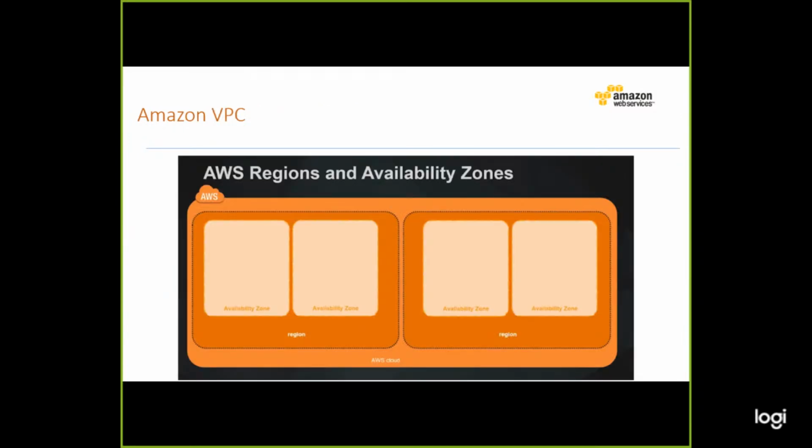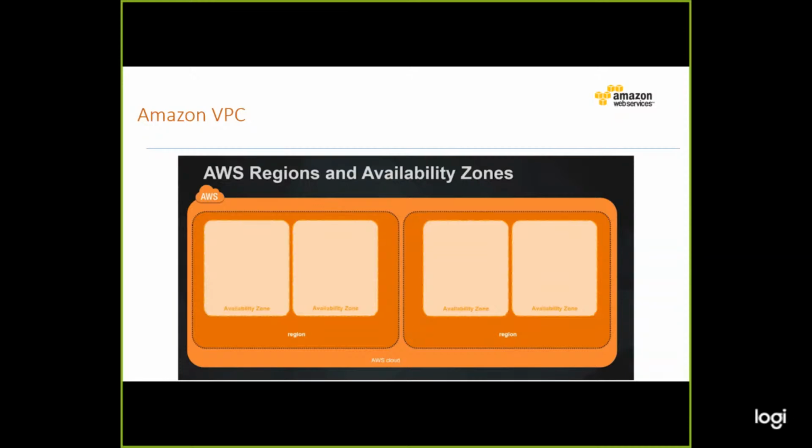Now, you can see on this architecture that there are multiple availability zones physically isolated from each other. That enables us to distribute our architecture across multiple availability zones. By doing so, we achieve high availability, and we can use more than one availability zone. When one goes down, the other one will continue to operate, and our infrastructure located in the availability zone will continue to operate as well.